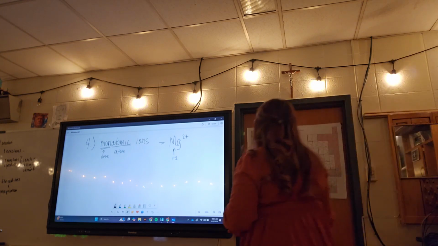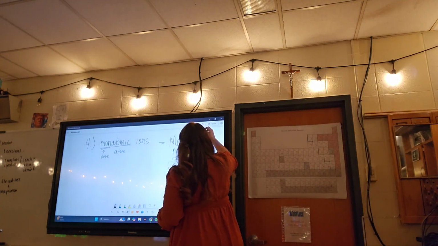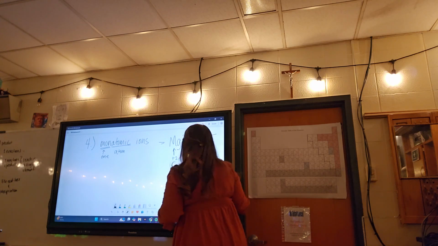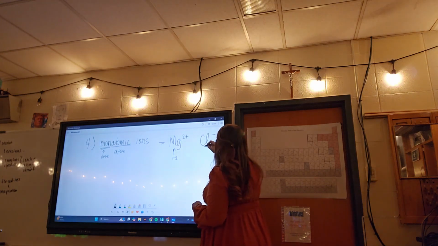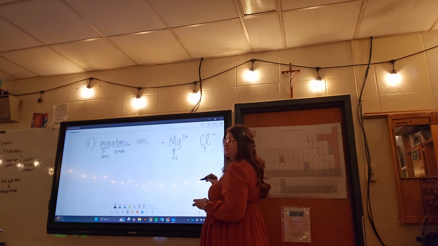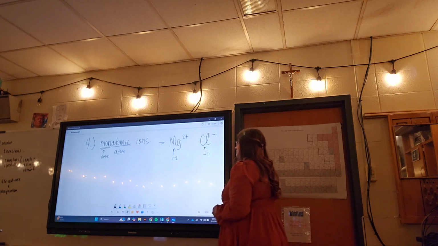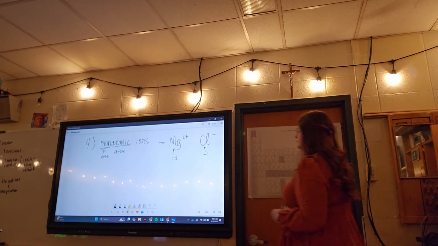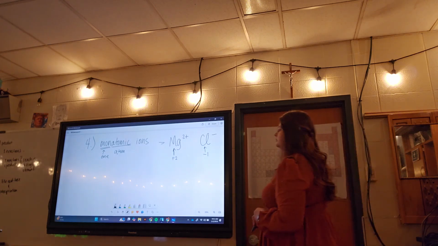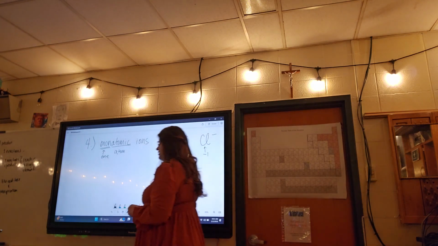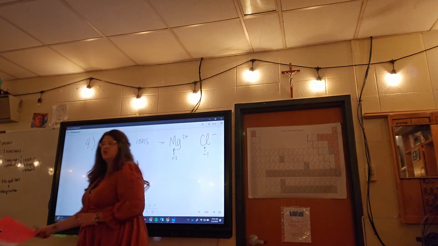Same thing is true for the negative ions. Chlorine has a charge of -1. So what is its oxidation number? -1. So those ones aren't too tricky. You just have to pay attention to if something has a charge or not.